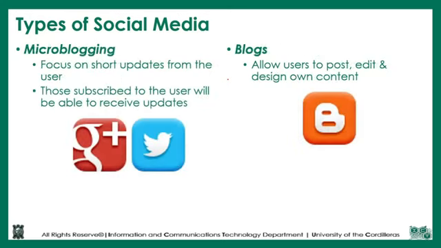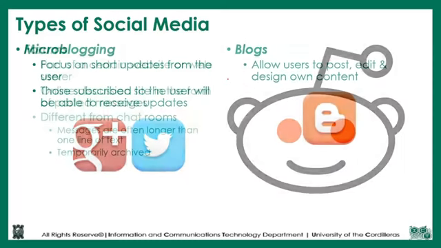For microblogging, we have short updates, very short posts. In the case of Twitter, I believe the text limit is 240 characters. So we have Twitter and Google Plus. But if you want to post longer blogs, long posts with pictures and videos, like an entire essay more or less, you can use sites like Blogger.